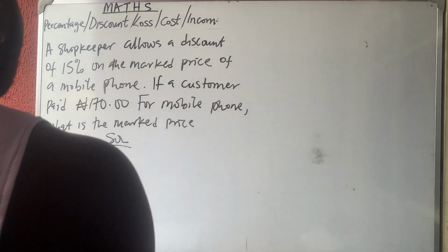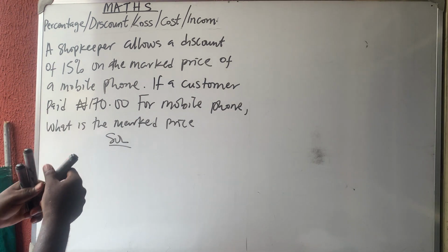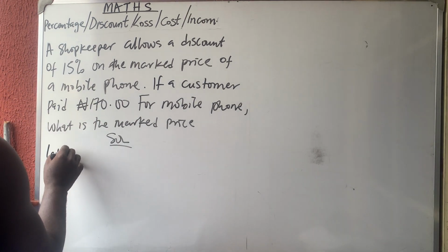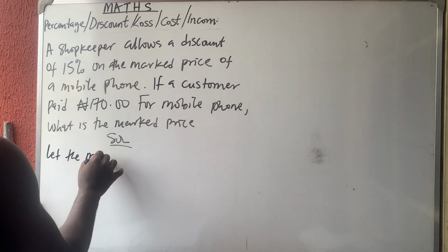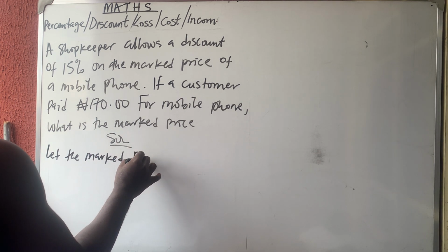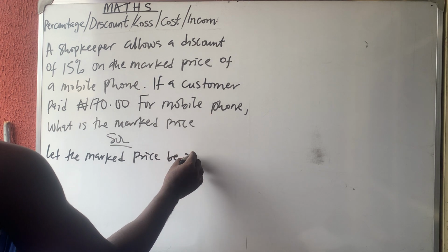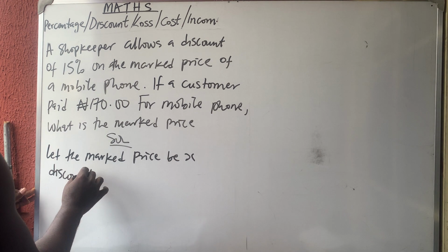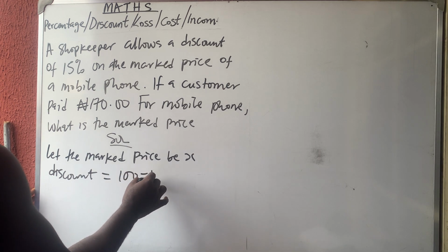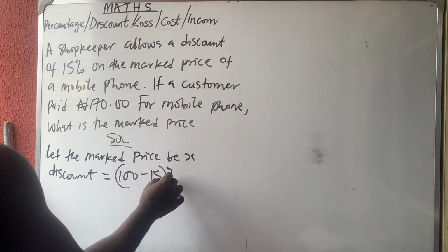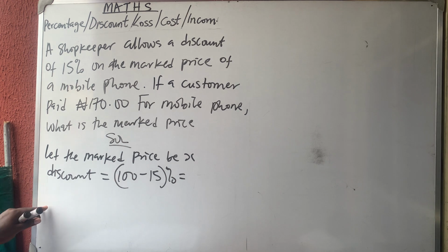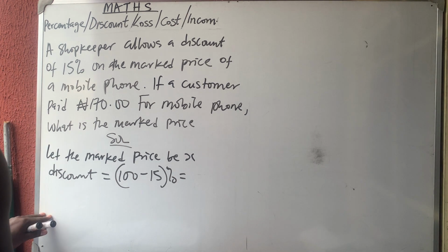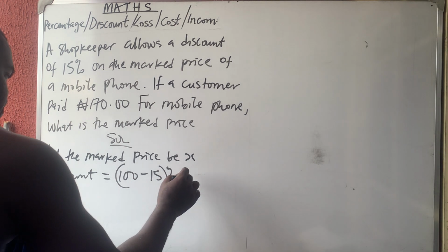Right. So let the marked price be X. Then the discount is 15%, so 100 minus 15 in percent gives you 85%.